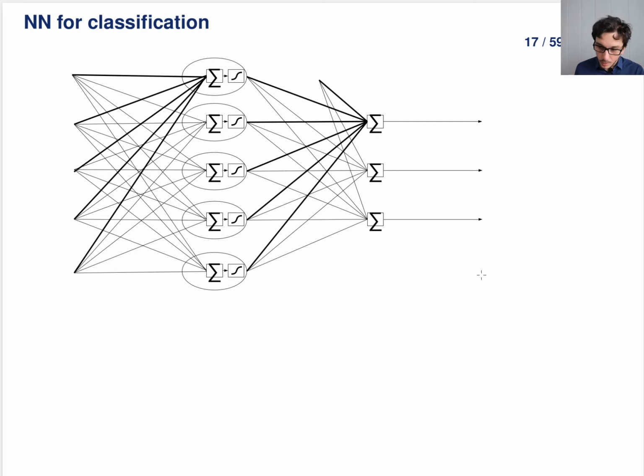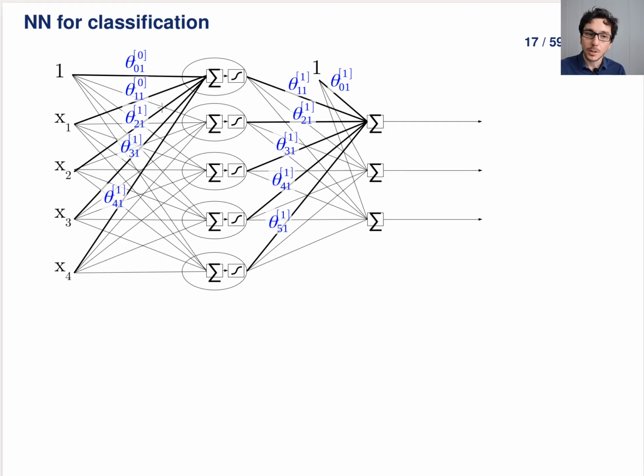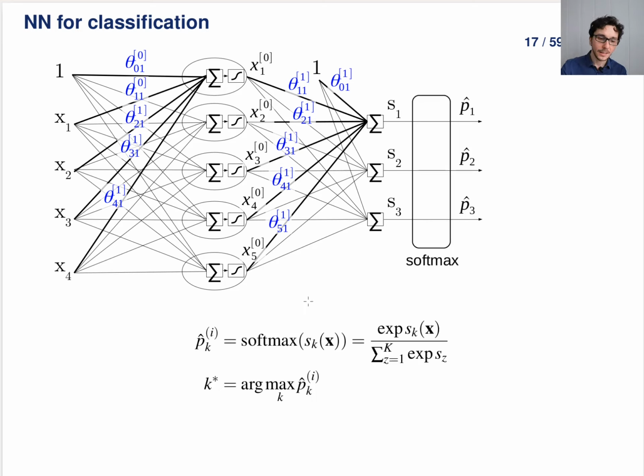When you use a neural network for classification, the operations are the same as we saw for regression. The computation is exactly the same, I will not repeat it. What changes is just the output layer, which is identical to logistic regression that we've seen before. In fact, you first compute the score of each class.